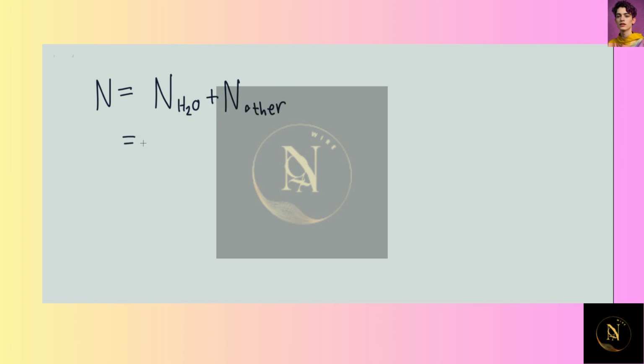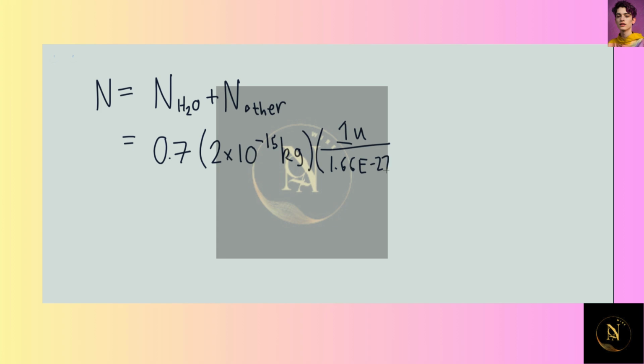So we can say that if 70% of it is water, we can say that 0.7 times total mass, we can do a conversion. 1 proton is just 1.66 times 10 to the negative 27 kilograms. And 1 molecule, for water, is simply 18U.